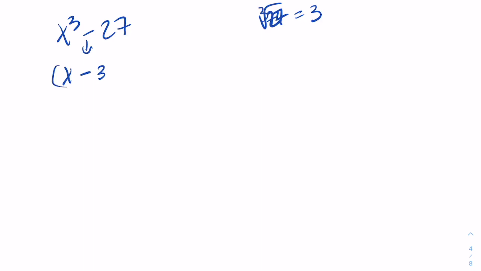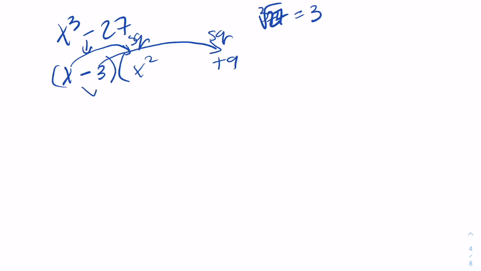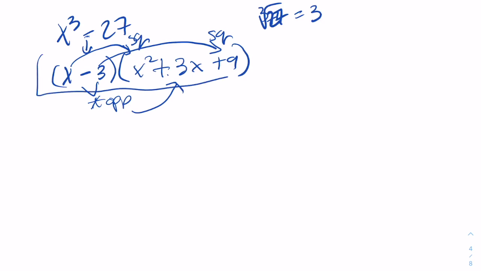This is the same. Then I square this one, which is x squared. I square this one, which is positive 9. And then remember that these two are opposites, so this will be a plus, or you can think of multiply and then the opposite. That goes here, so negative 3x, and I change the sign to positive 3x, and then this whole thing is my answer.